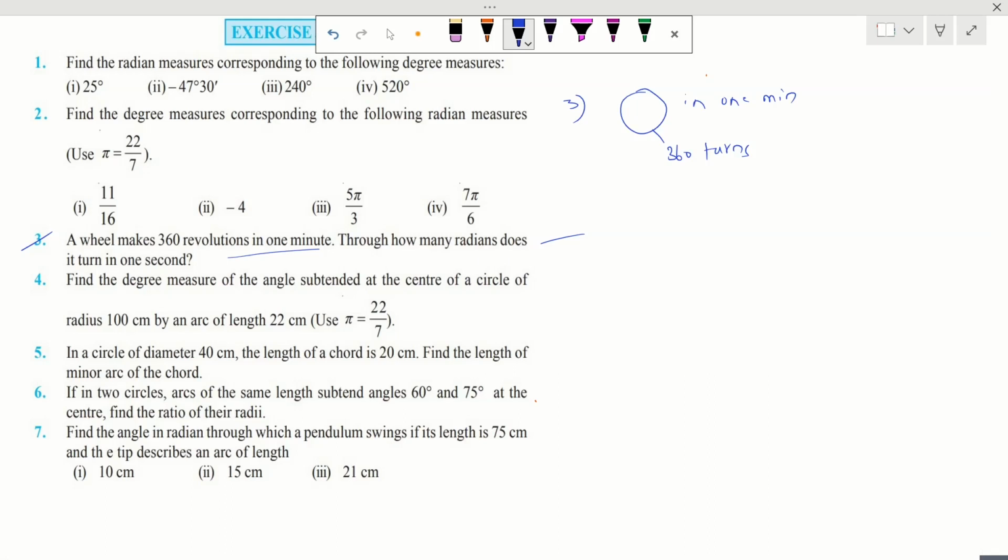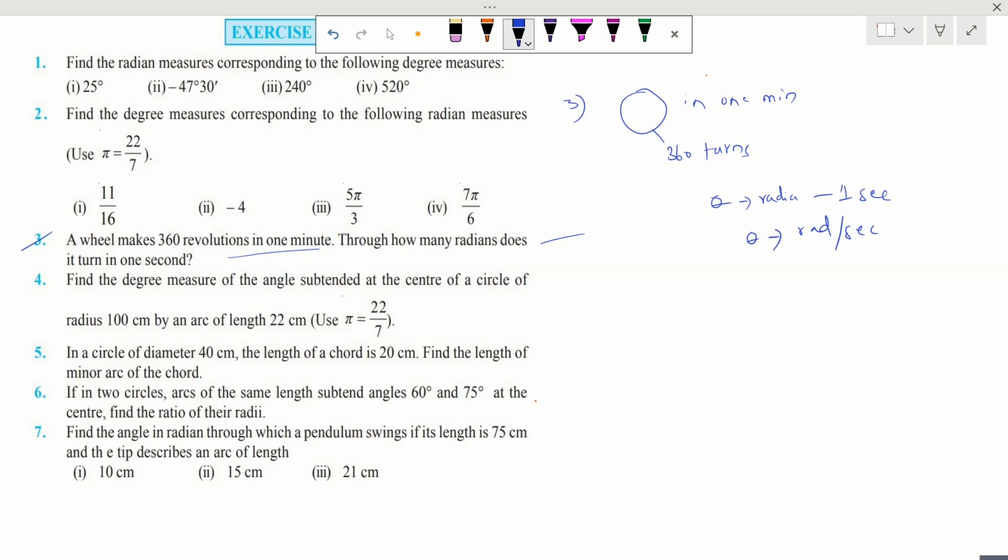Through how many radians does it turn in 1 second? So theta is in radians, and we have to find how many radians in 1 second, that is, radian per second.